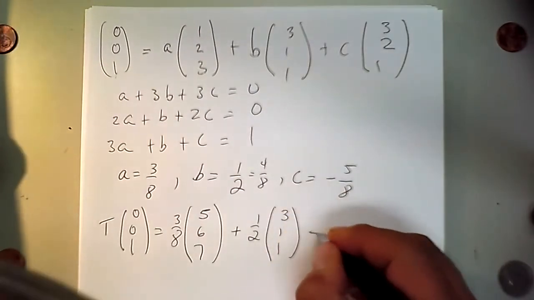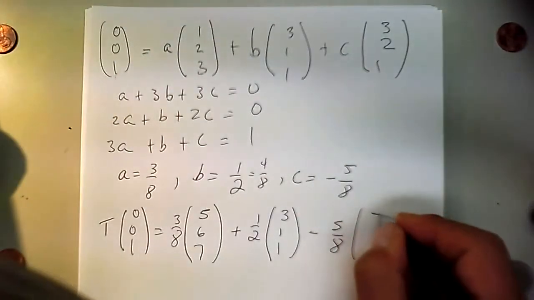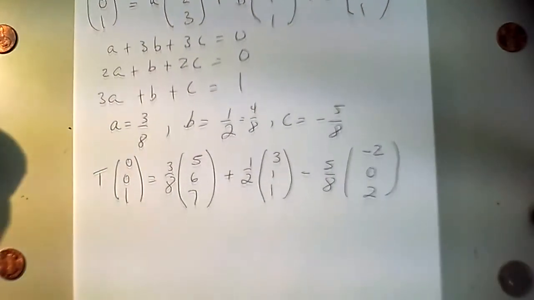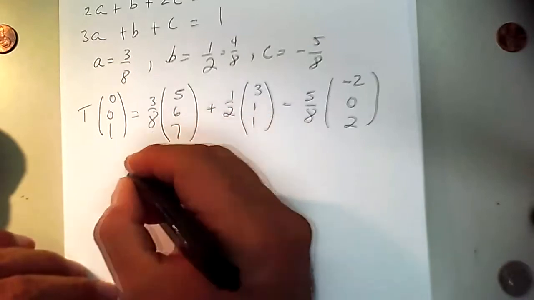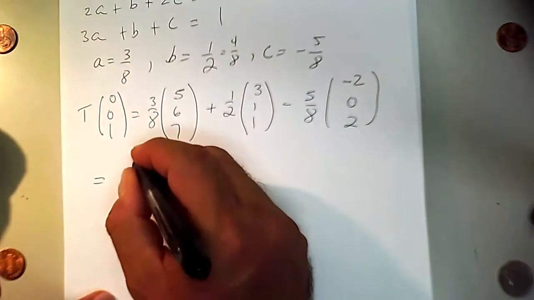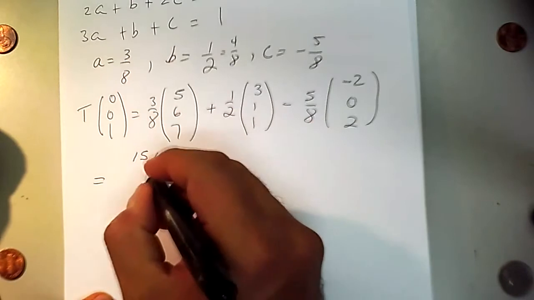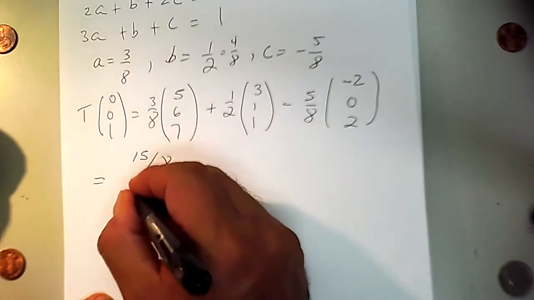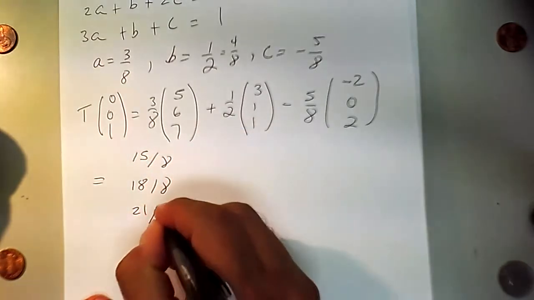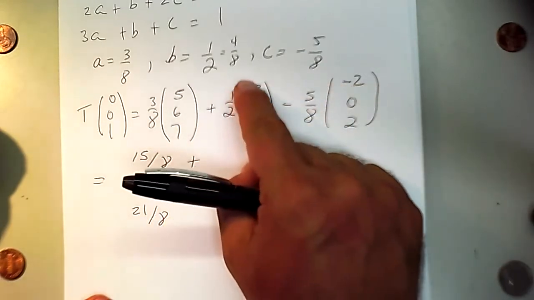Not quite, but minus 5/8 of negative 2, 0, 2. So now we just gotta multiply this out, and that is gonna be 3 times 5 is 15 over 8. 3 times 6 is 18 over 8. 3 times 7 is 21 over 8. Plus, this is the same thing as 4 over 8.